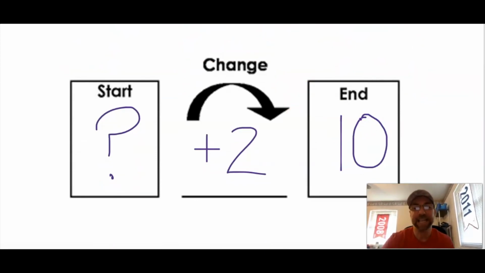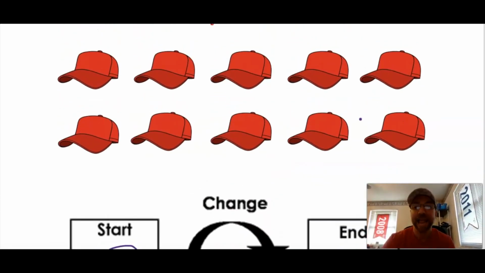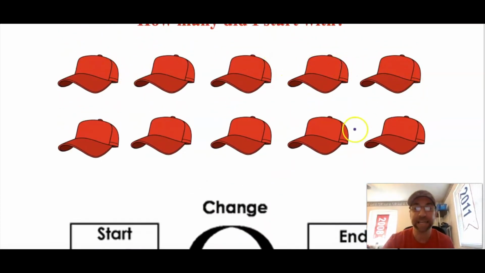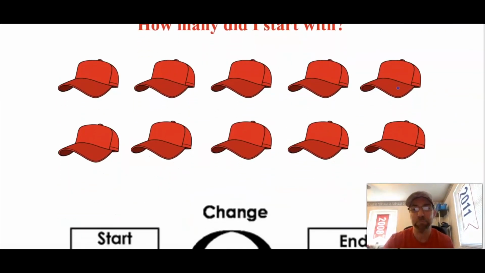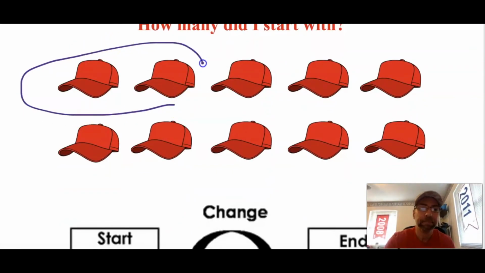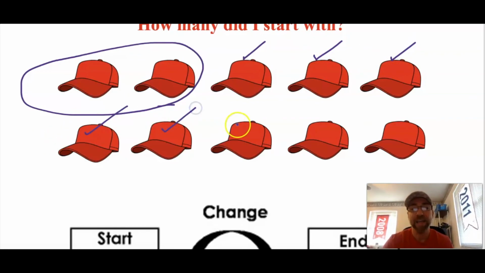So let's see here. I ended with 10 hats, and here they are, all my 10. And I bought 2. So here's the 2 that I bought. How many did I start with? 1, 2, 3, 4, 5, 6, 7, 8.